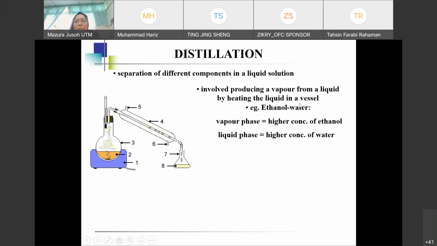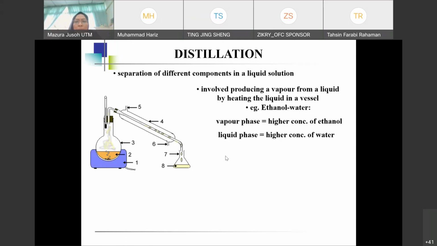All right, so for example, if you have a mixture of ethanol and water, you know the boiling points of ethanol and water are very different. Ethanol has a lower boiling point compared to water. It's an alcohol, right? So for alcohol the boiling point is very low. That's why it can vaporize really easily and dry up the surface where it touches.